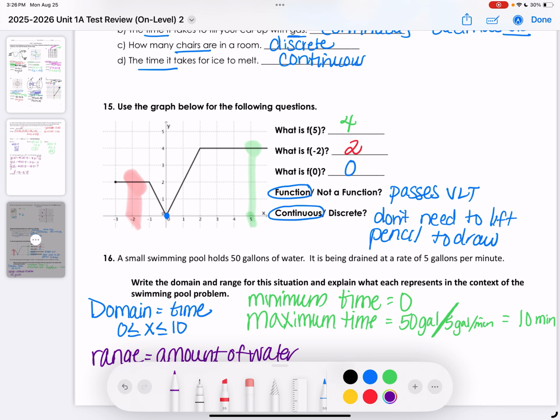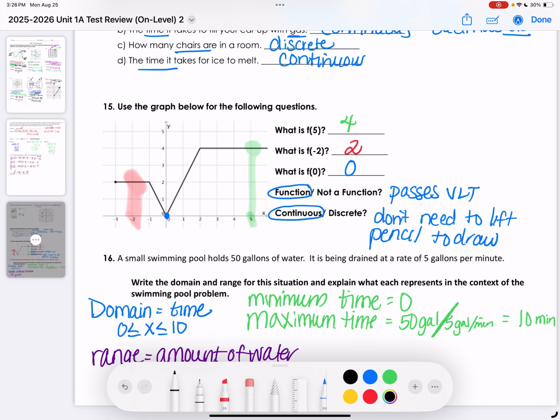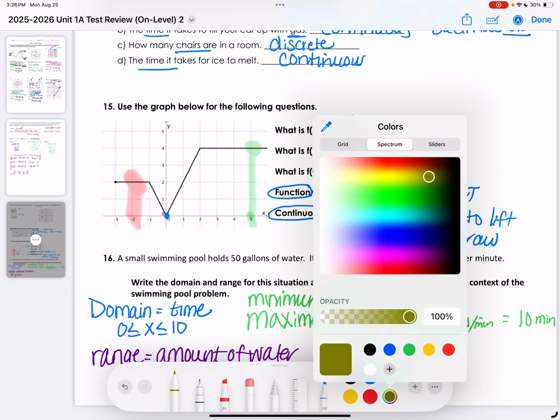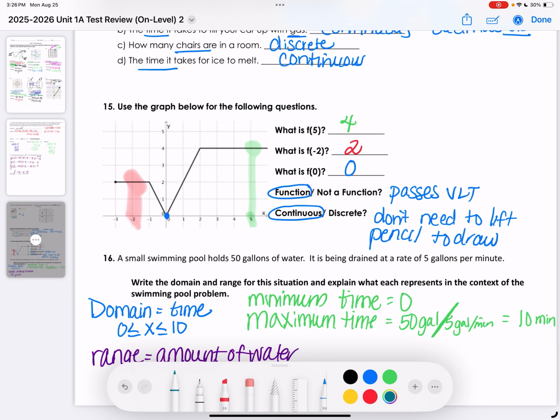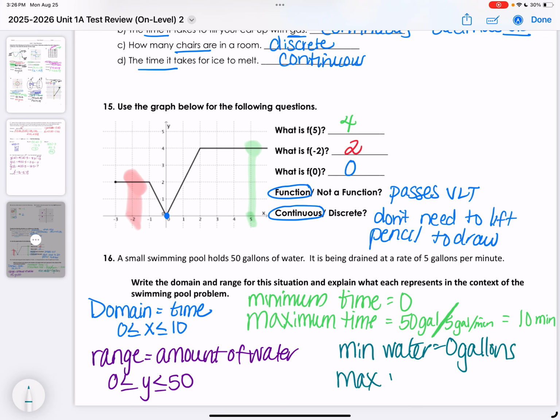Okay, so the minimum amount of water is 0 gallons. The max amount of water is 50 gallons.